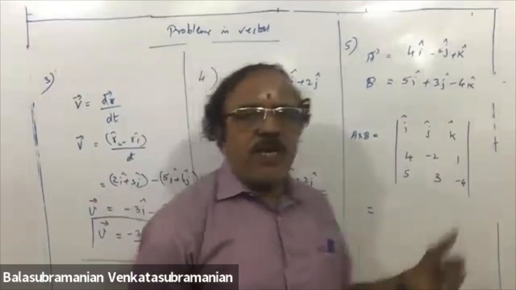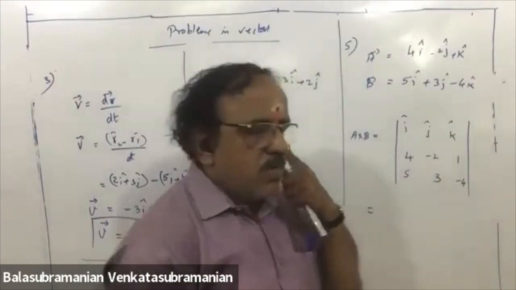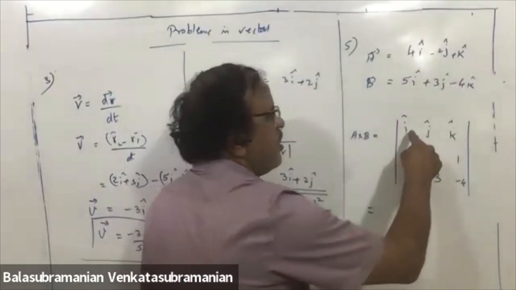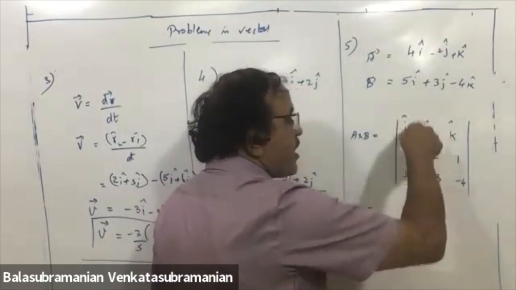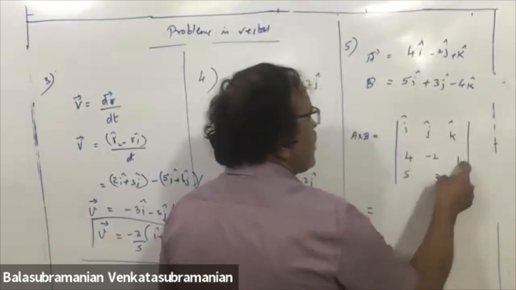Whenever you are multiplying like this, inside the bracket, determinant form, that particular column and that particular row you omit, remaining you cross multiply.